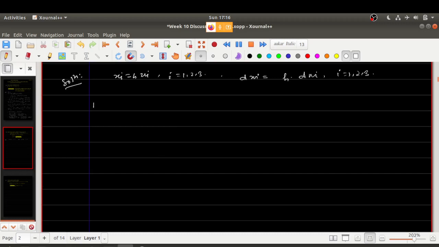Putting all the information in the above integration, what do we get?